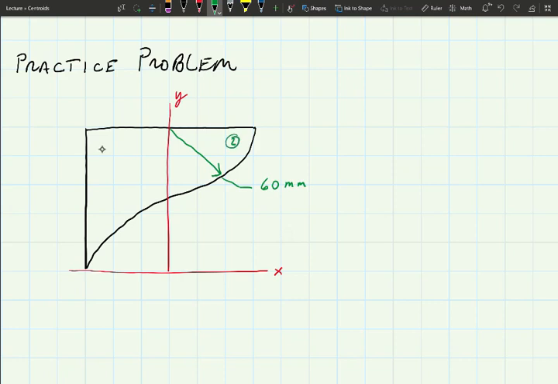I'll call this one 1, and then I'm going to show you a third one here in a minute, but this will be radius 2, okay? And then from here to there, we're going to get radius 3, which will also be 60 millimeters, okay?